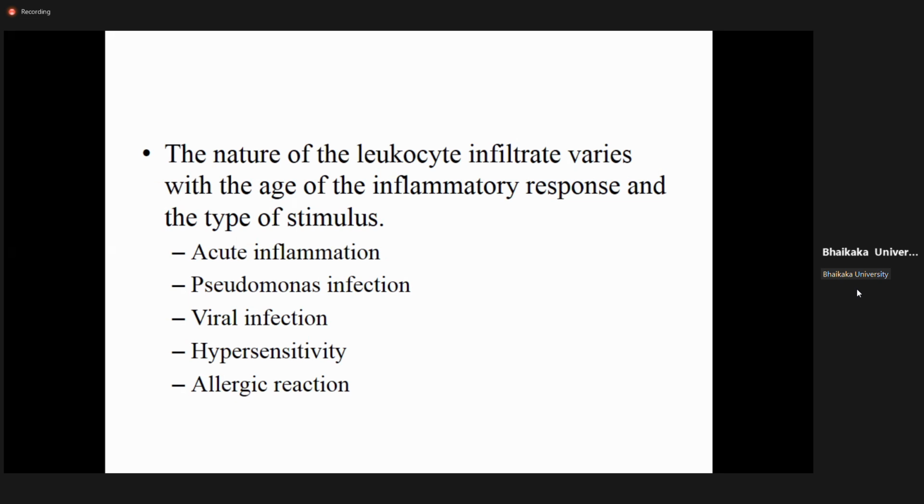In hypersensitivity reaction, you will have lymphocytes, apart from that, macrophages and plasma cells. In some allergic reactions as well as in parasitic infection or infestation, you will have eosinophils as the predominant cell type present in the infiltrate. So the nature of this infiltrate depends on the type of stimulus as well as the age of the inflammatory response.